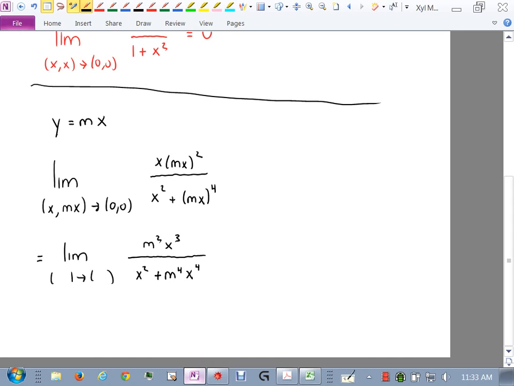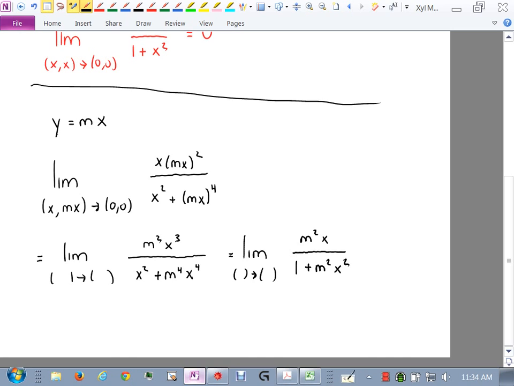What can we do on that? Same thing we just did a second ago, right? Factor out the x squared. If we factor out the x squared, we'll have m squared x over one plus m to the 4th x squared, right?